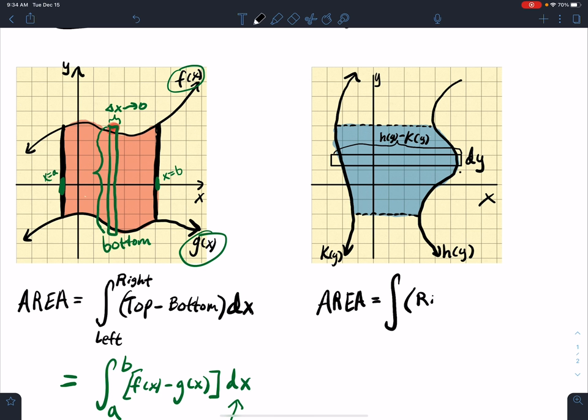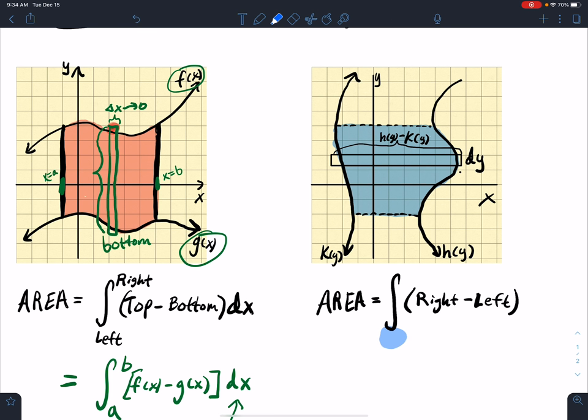So the right minus the left, and then where am I integrating from? Well, here I did from left to right, okay? From the smallest to the biggest, right?